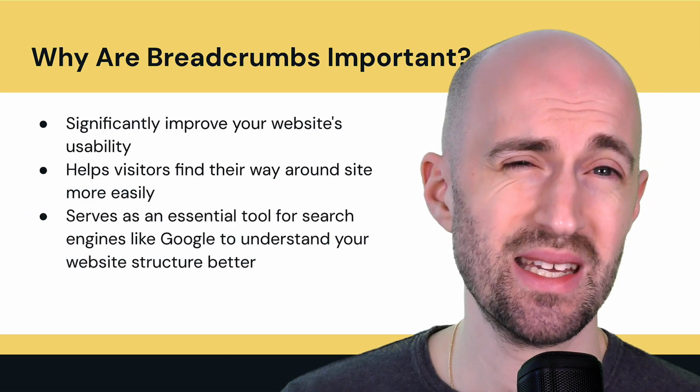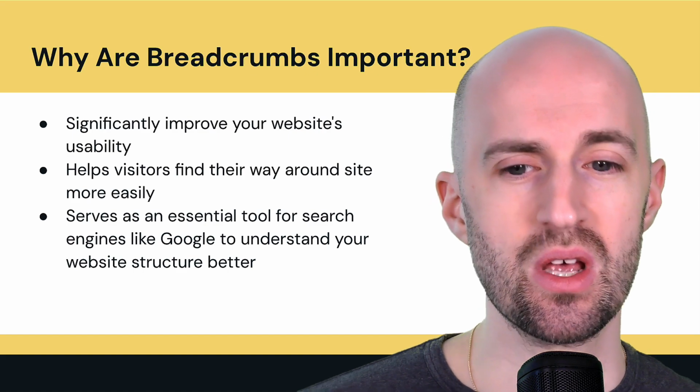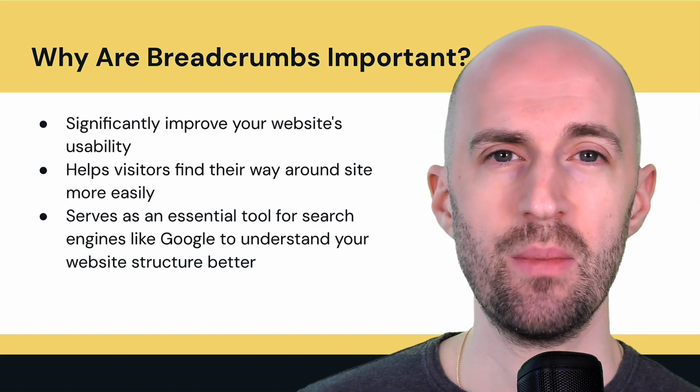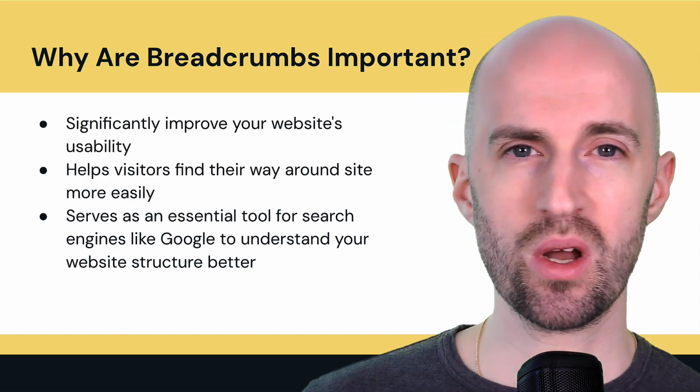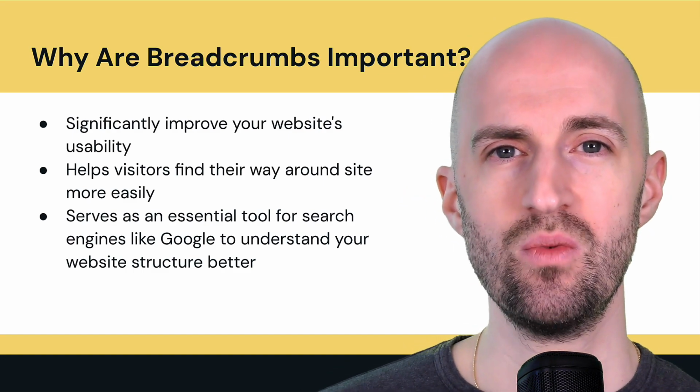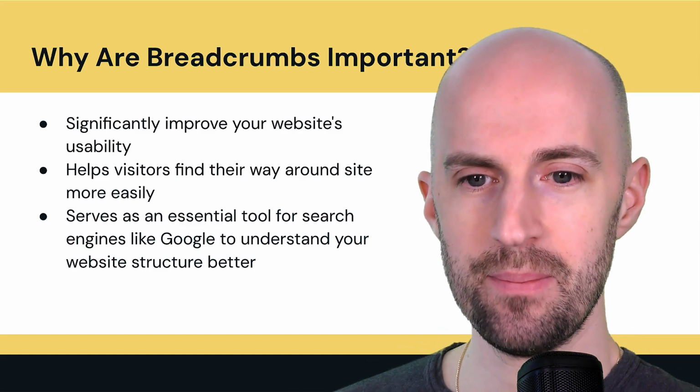It also serves as an essential tool for search engines like Google to understand your website's structure much better because it knows where that page is nested, under which category or subcategory. So it makes it really easy for bots to crawl your page and understand it.